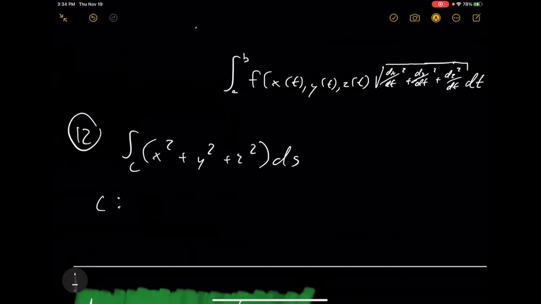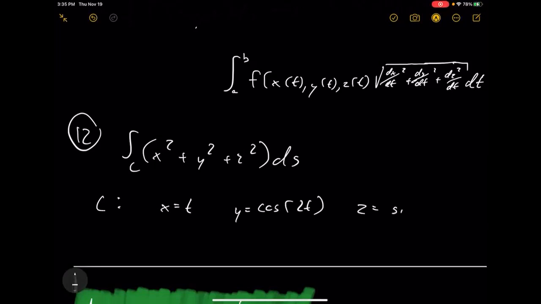They say C is given by x equals t, y equals cosine of 2t, z equals sine of 2t, for t between 0 and 2 pi.